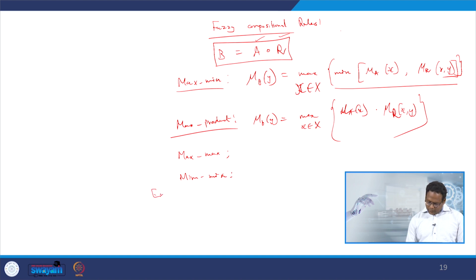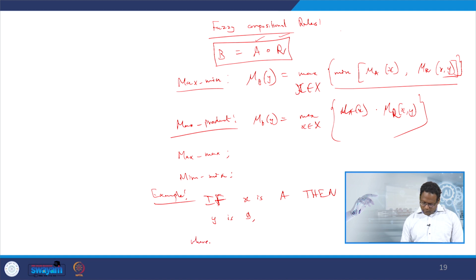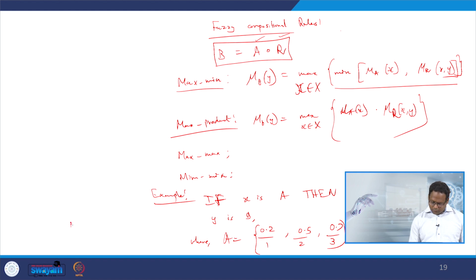Let us take an example. If x is A, then y is B, where A is given by a fuzzy set 0.2 upon 1, 0.5 upon 2, 0.7 upon 3, and B is given by 0.6 upon 5, 0.8 upon 7, 0.4 upon 9.